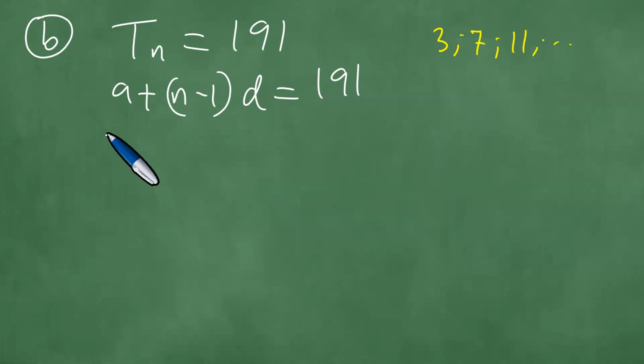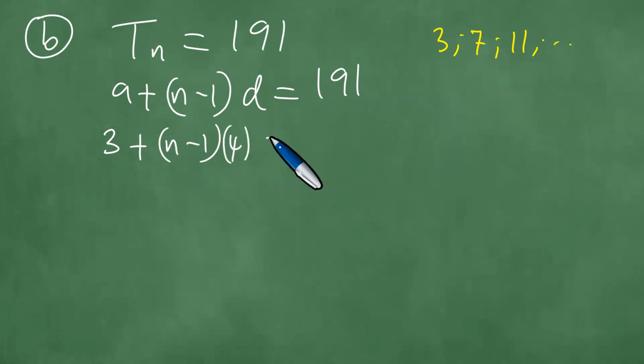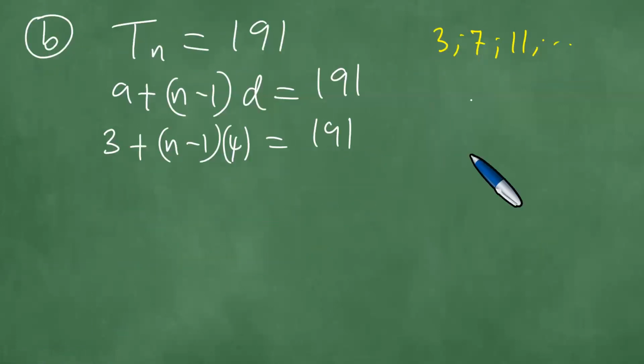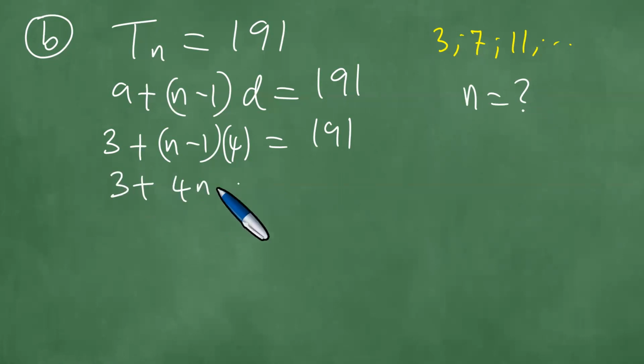The first term is what? 3. The common difference we've already got. What did you get it to be? 4. Because the question is, if the nth term is this, determine the value of n. So we're looking for the value of n. So n is a question mark. 3 plus 4 times n, 4n, which is 191.